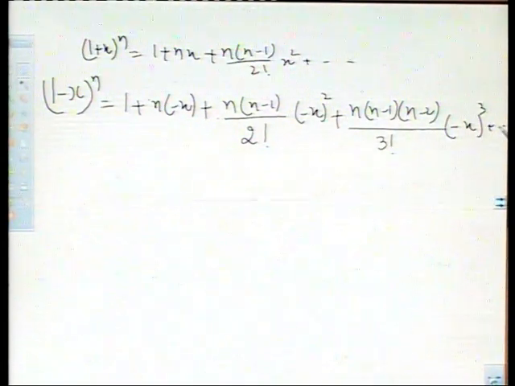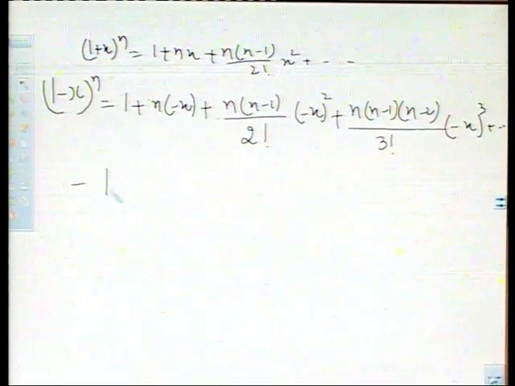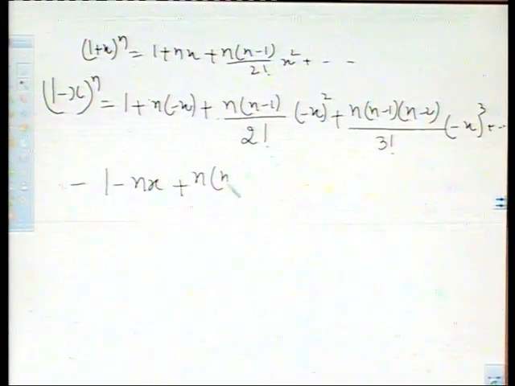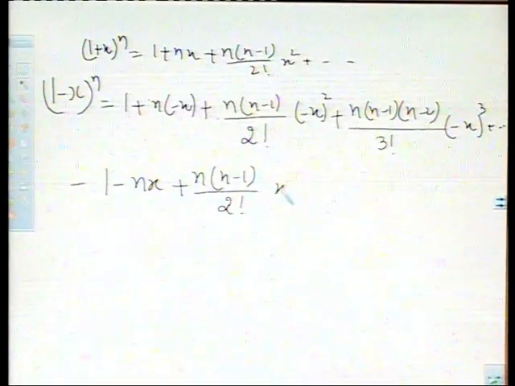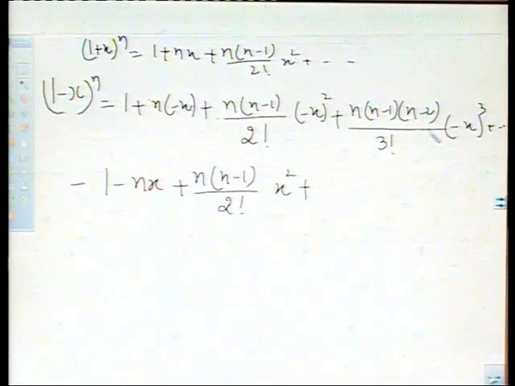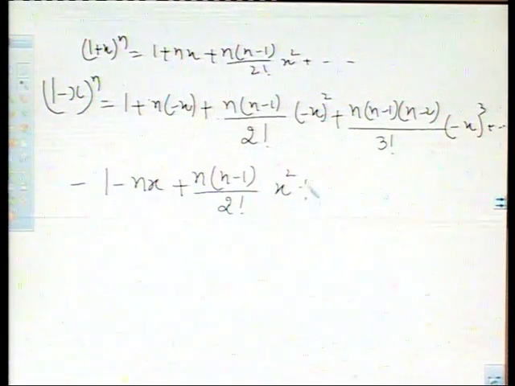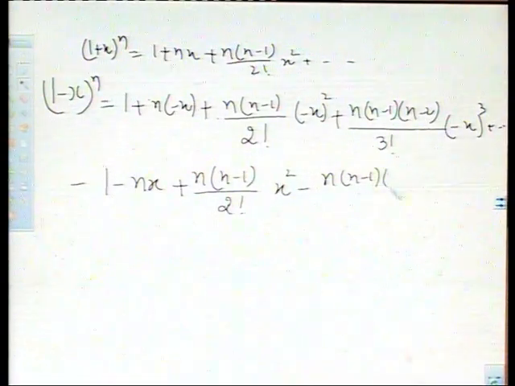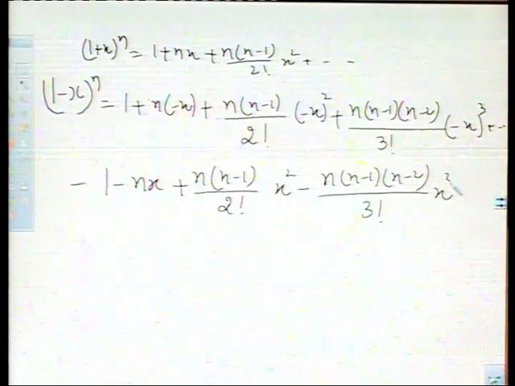It will be equal to 1 minus nx plus n(n minus 1) upon 2 factorial x square, and minus n(n minus 1)(n minus 2) upon 3 factorial x cube.